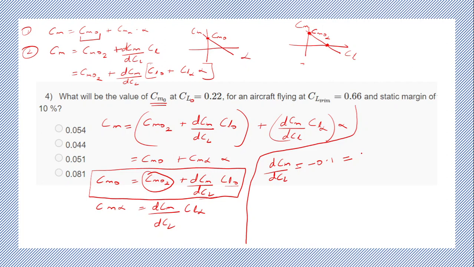What will it be? The slope of this line. This is point number 1, this is point number 2. Y2 minus y1 by x2 minus x1. In our case, what's on the y-axis? Cm. So Cm2 minus Cm1 by Cl2 minus Cl1.